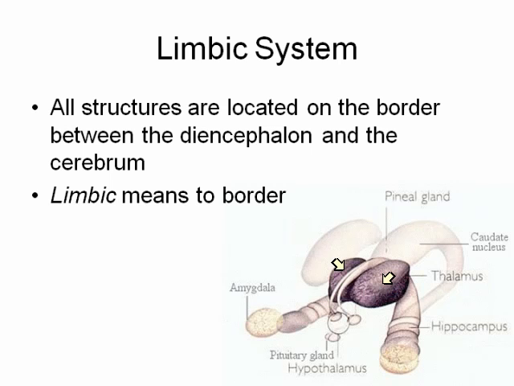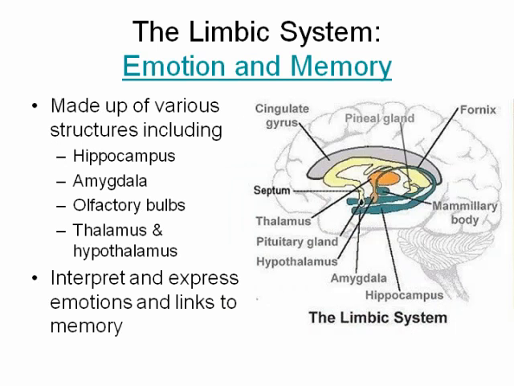The limbic system is primarily made up of two very key structures, the hippocampus and the amygdala. And then it's got some accessory structures that go along with it, primarily the olfactory bulbs, which are involved in smell and scent, and that'll make sense to you here in a couple minutes, as well as the thalamus and the hypothalamus because of hormone control and the sensory input.